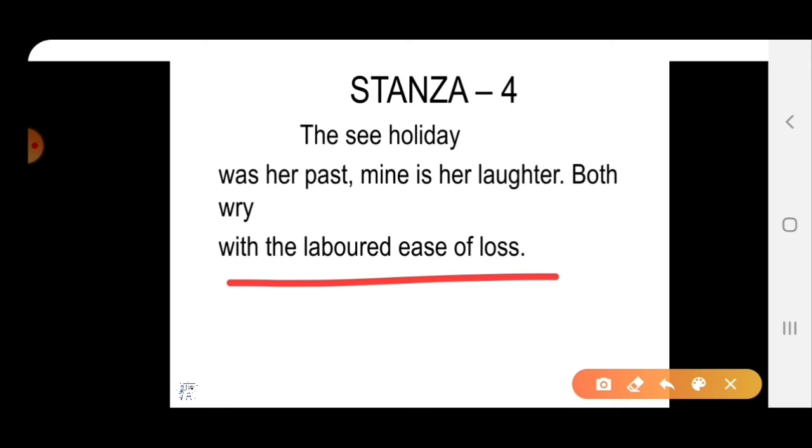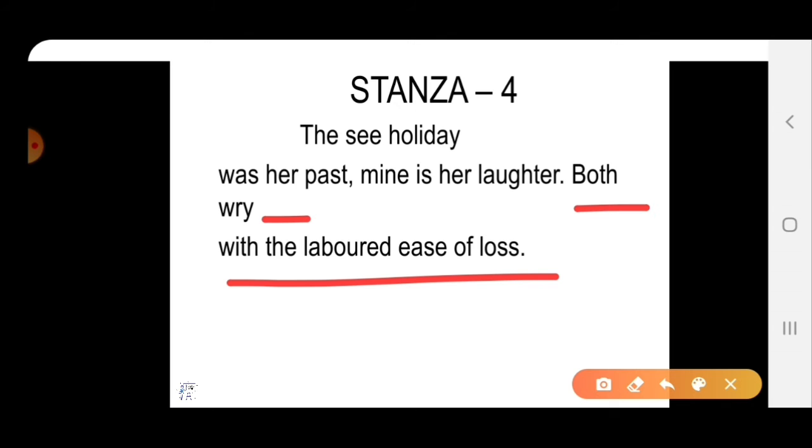Here the poet recalls the sea holiday was her mother's favorite moment from the past, while the poet's favorite moment from the past was her mother's laughter when she was recalling. Both women would think about those past memories which they cannot live again, and they tried their best to adjust to what they lost. Now I will tell you the meaning.